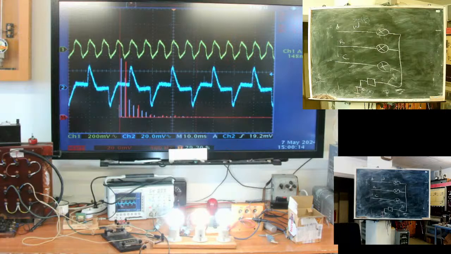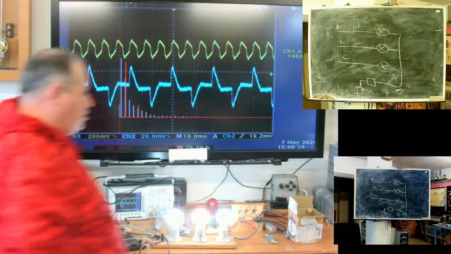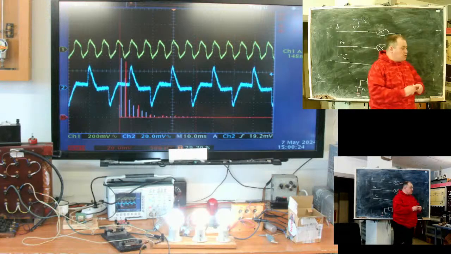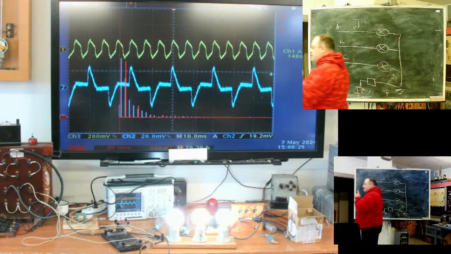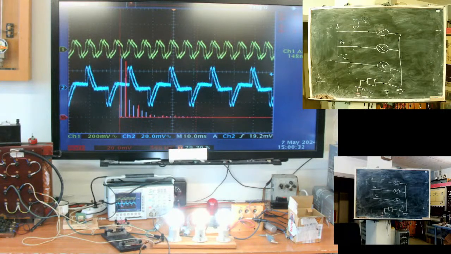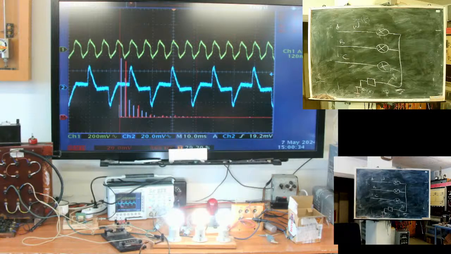Why is 150 more than all of them? Because that starts the tricks. First, what determines the angle between harmonics? We have a polyphase network, a three-phase network. What determines the angle?